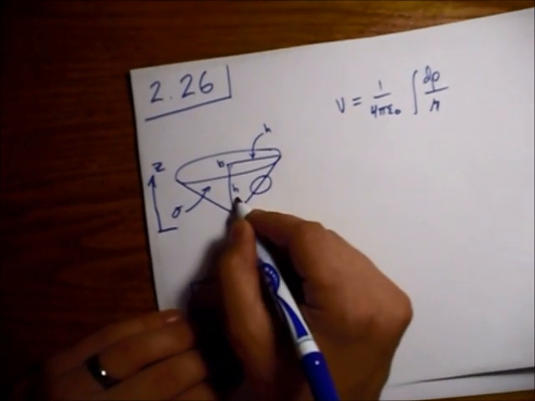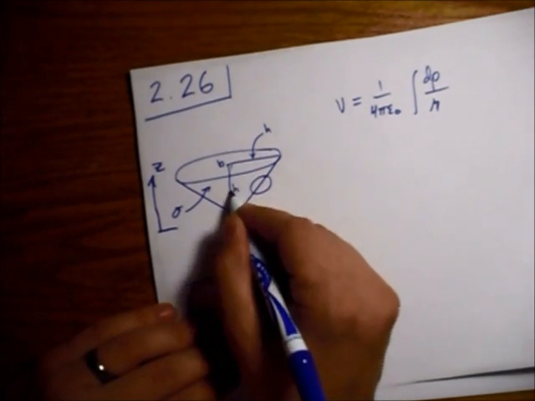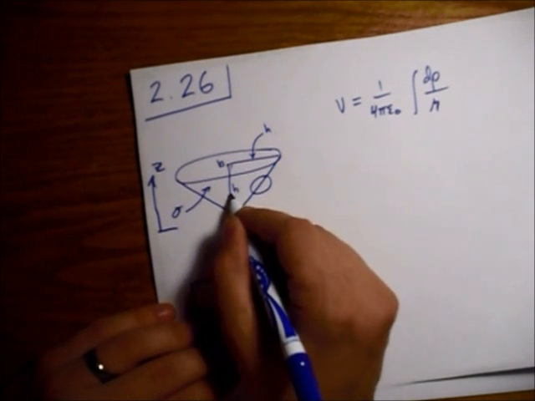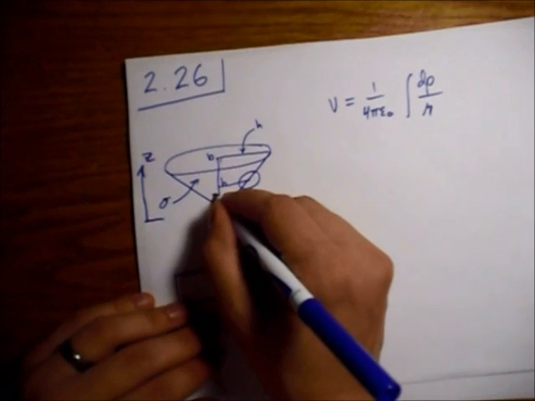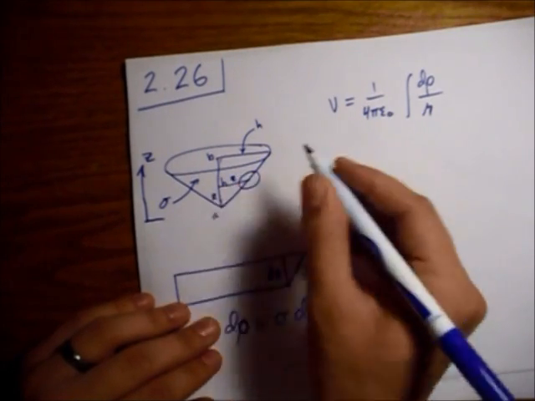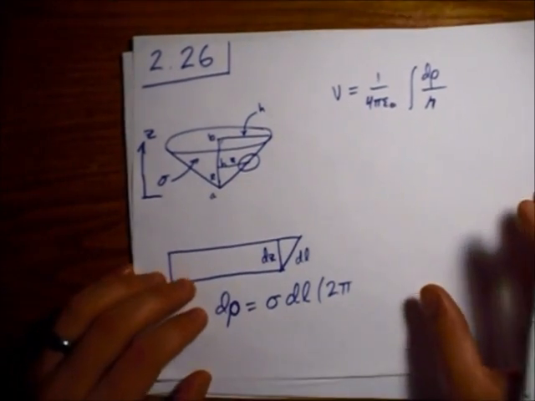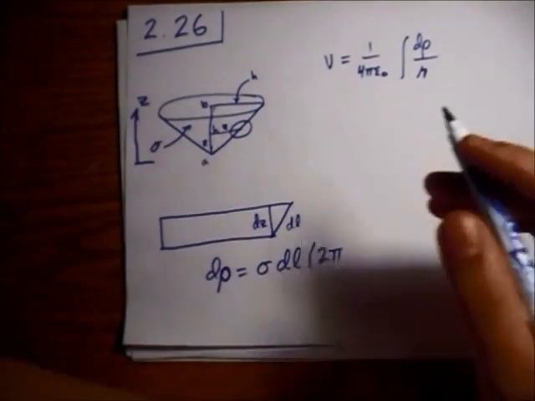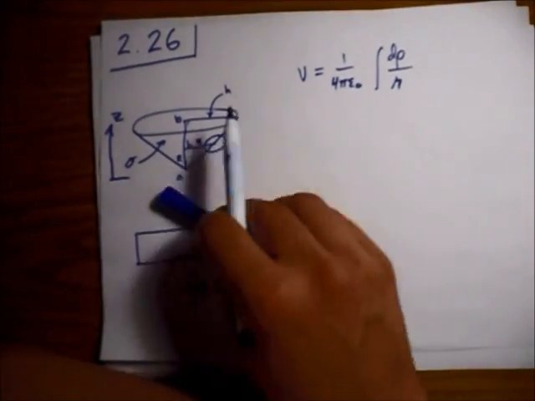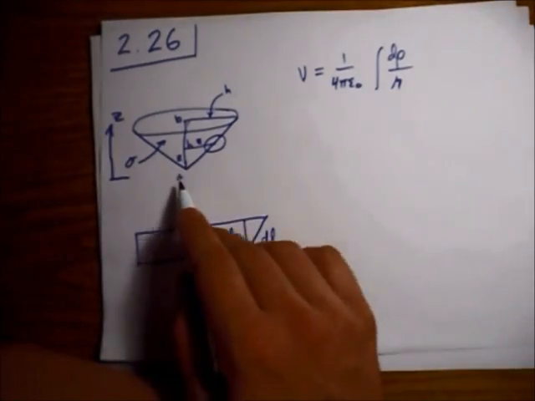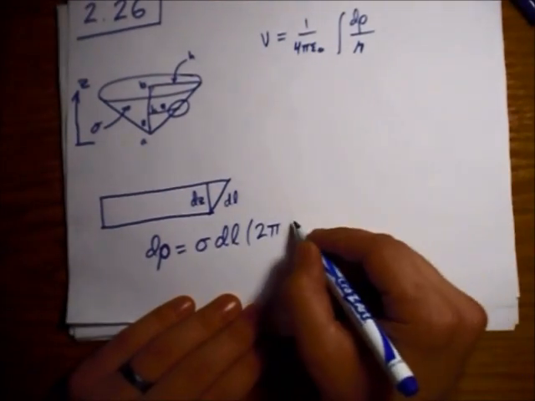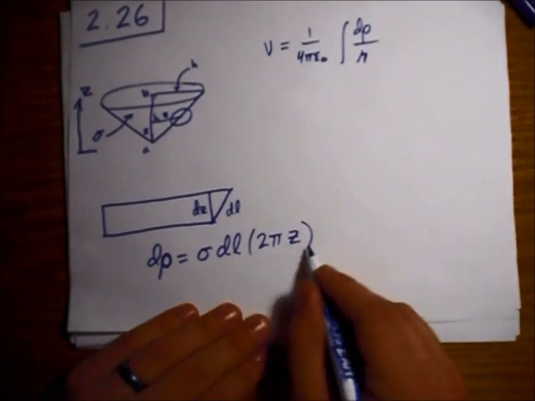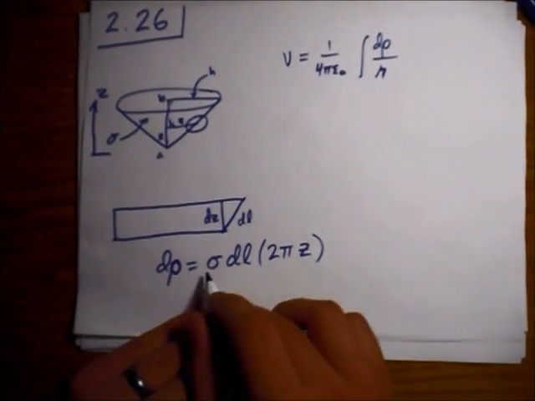Sorry for messing up the picture, but if I were to zoom in right here, then we'd have z right here and z right here as the radius. These are really tiny, hard to see, so hopefully you can see that. Long story short, we have a z right here. That's the radius: 2 pi z times dl times sigma.